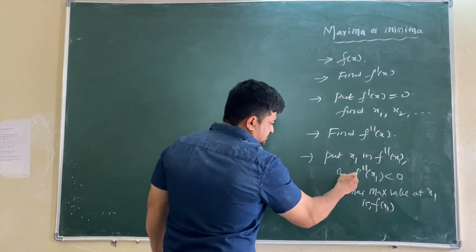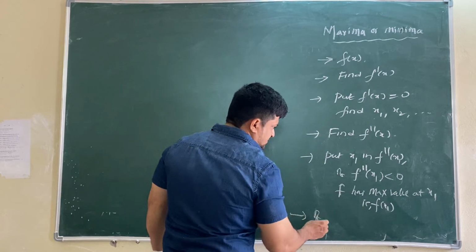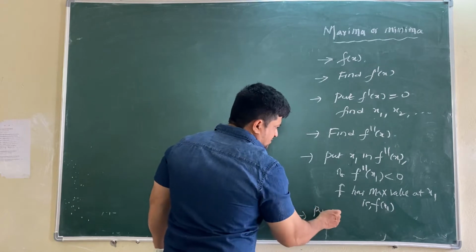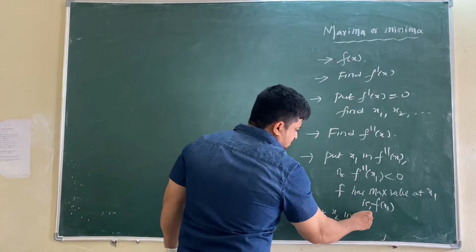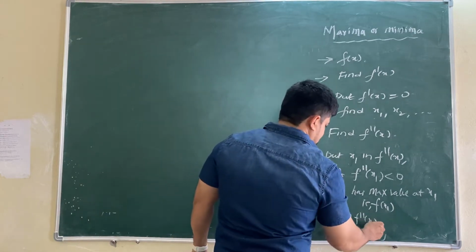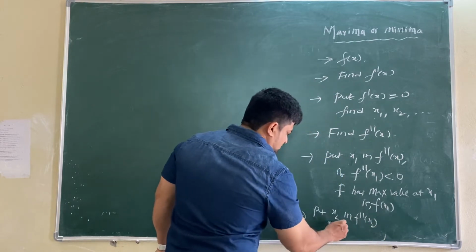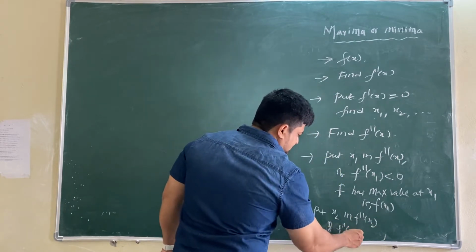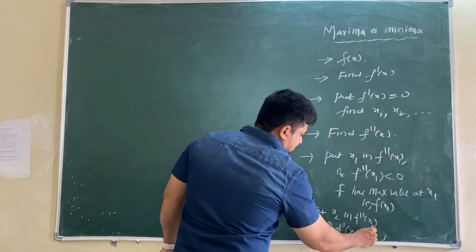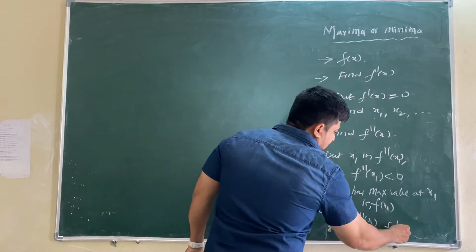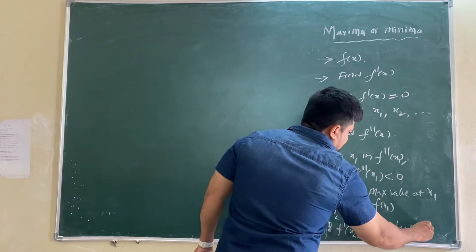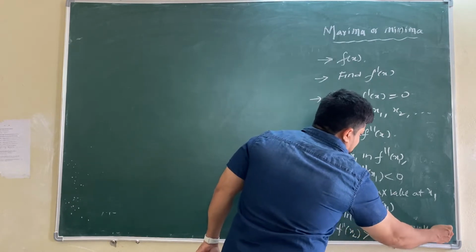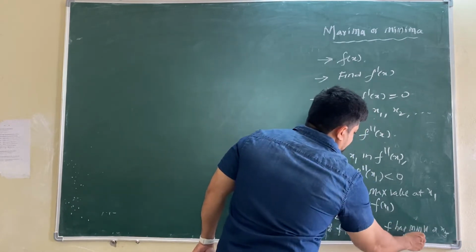If we put x2 in f double dash of x and it is greater than 0, f has minimum value at x2, that is f of x2.